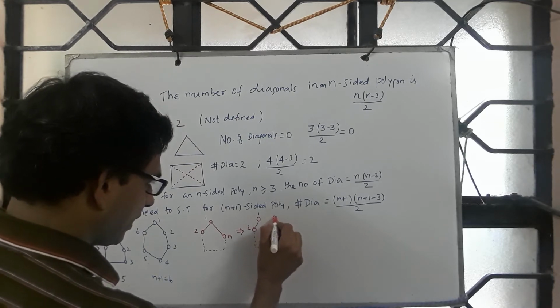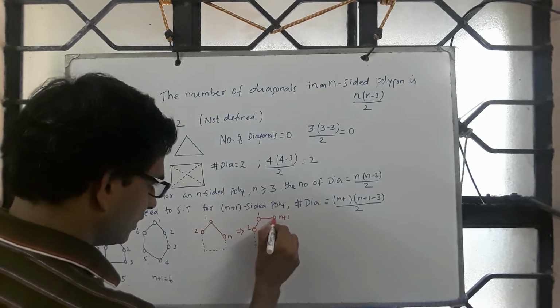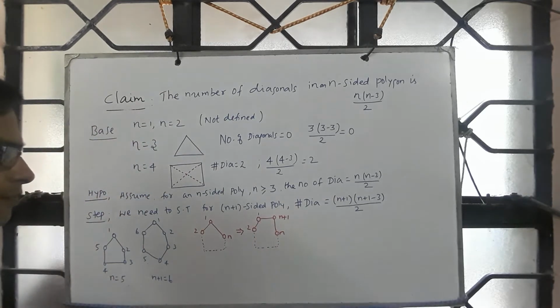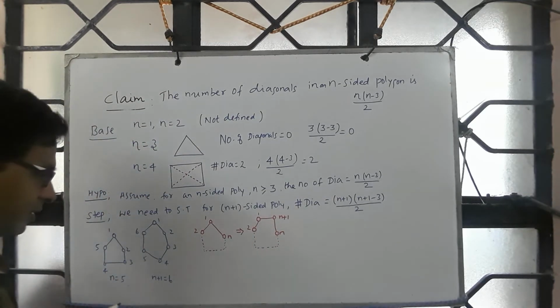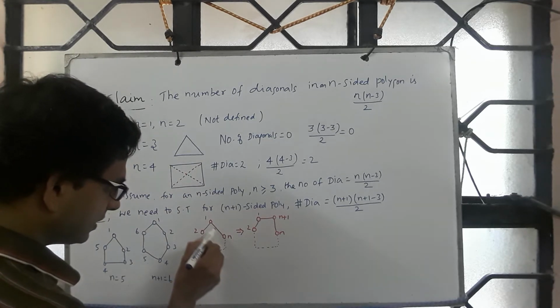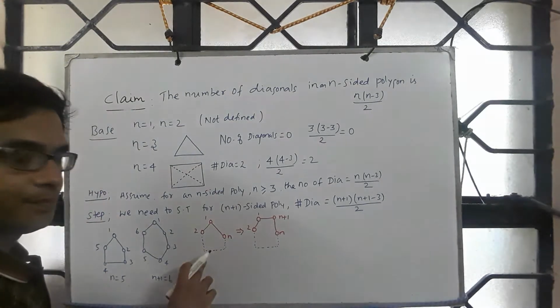We are adding the n plus 1th node and making it adjacent to 1 and n. Remember, this was the side of the polygon with respect to the n-sided polygon.